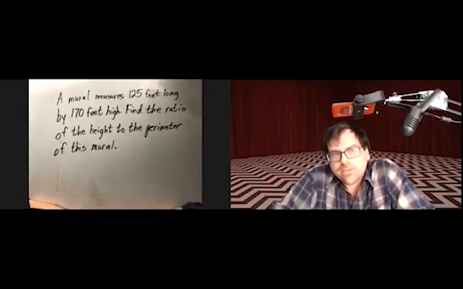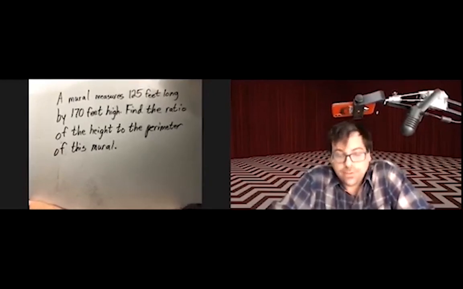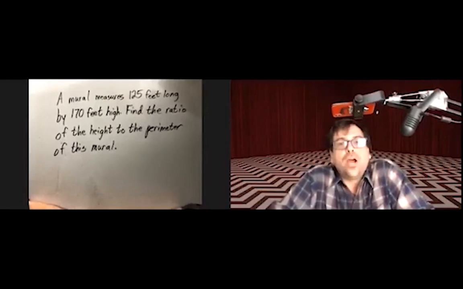As we get into more wordy problems today, if you are the type of person that approaches a word problem by just pulling numbers out and doing whatever to them, you're not going to get them right.